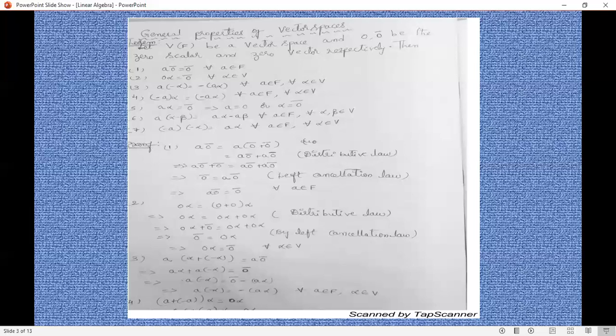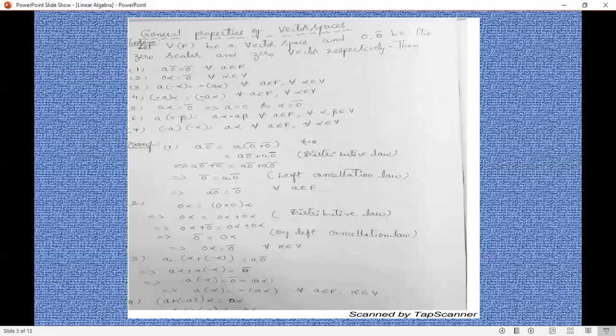The third one: what we have to prove? a·(minus alpha) = minus a alpha. So it is enough to prove a·(minus alpha) plus a alpha = 0 bar. We write a·0 bar = a·(alpha plus minus alpha). We are applying the distributive property: a alpha plus a·(minus alpha) = 0 bar, since by the above condition a·0 bar = 0 bar.